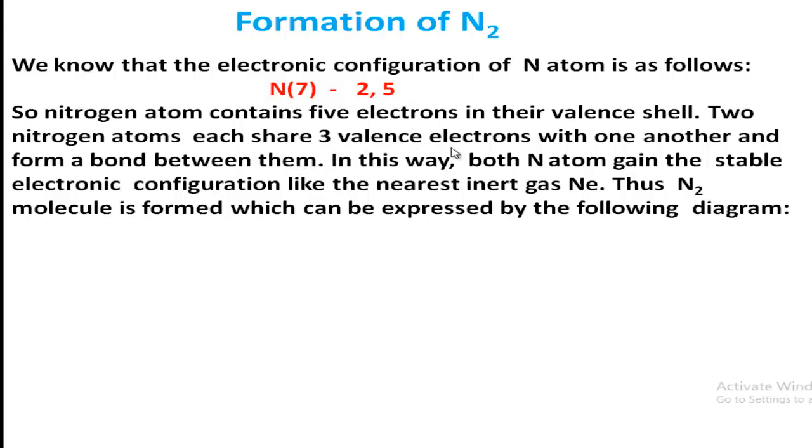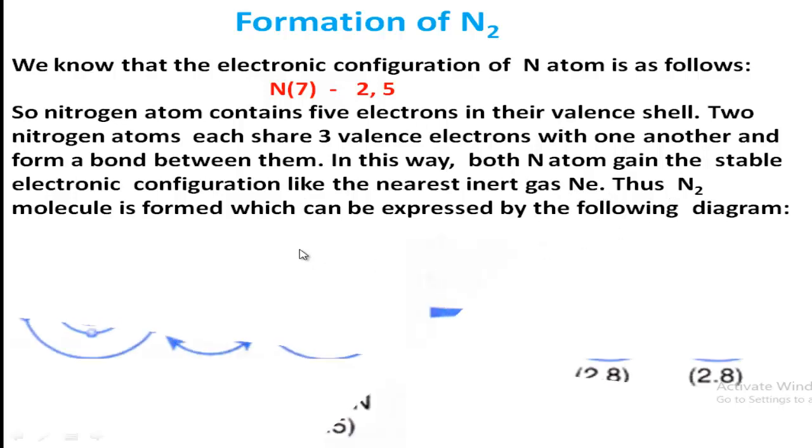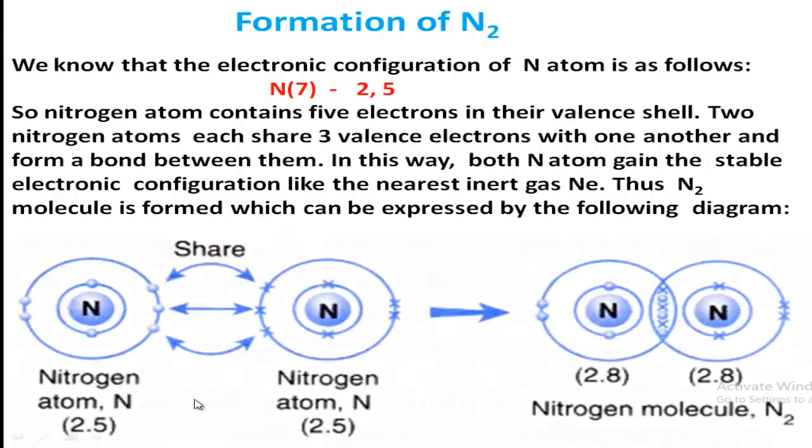They each share 3 valence electrons with one another and form a nitrogen molecule, and in this way both of them acquire the stable electronic configuration of the nearest inert gas, neon. The diagram is like this.